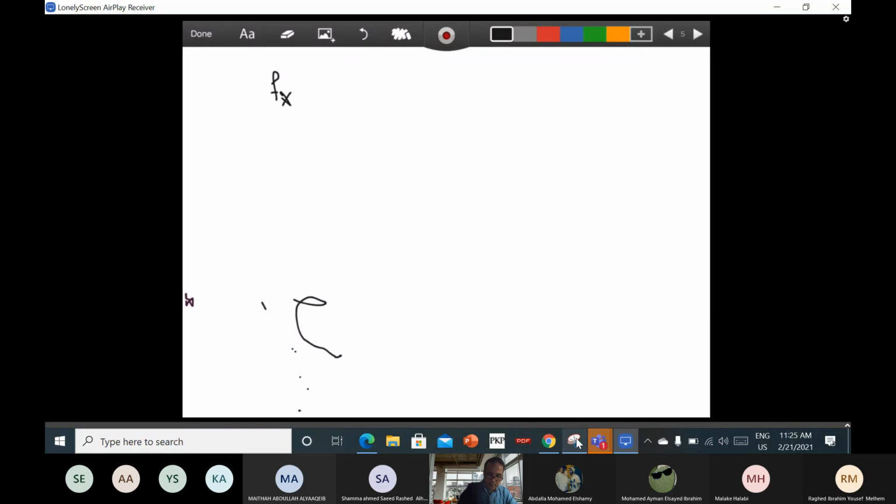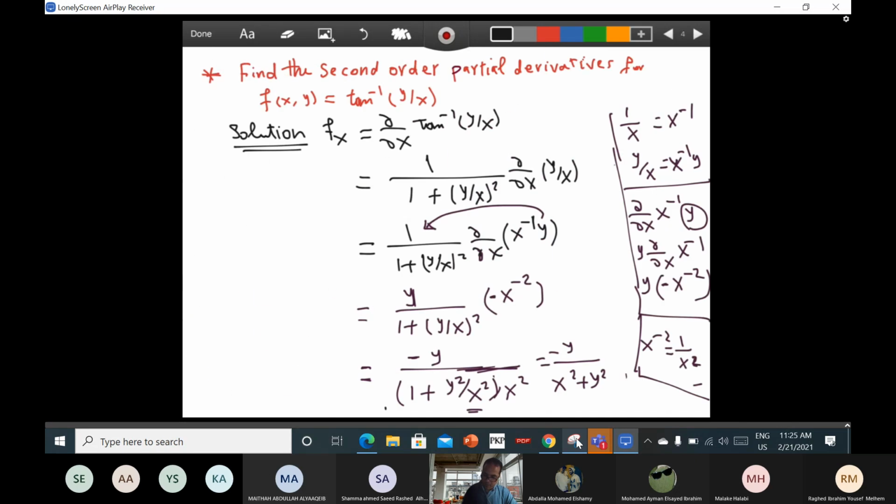Once I have fx, just before I forget, I'm going to write it here again: fx equals minus, as I remember here, minus y over x squared plus y squared, right?